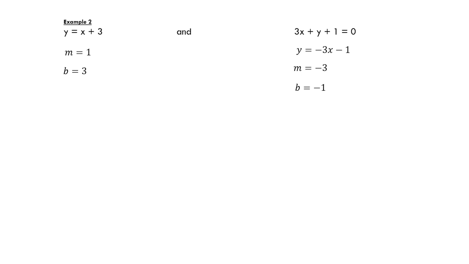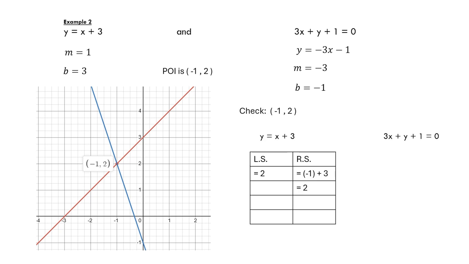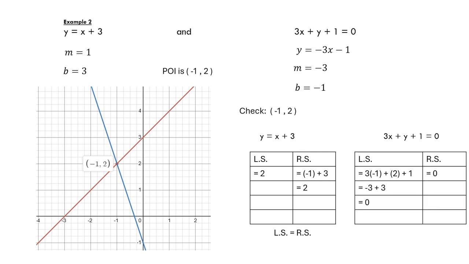We have enough information now to graph it, where we can visually see that the point of intersection is (-1, 2). Once again, plugging these values into our two equations, we establish that our left side equals the right side in both cases.